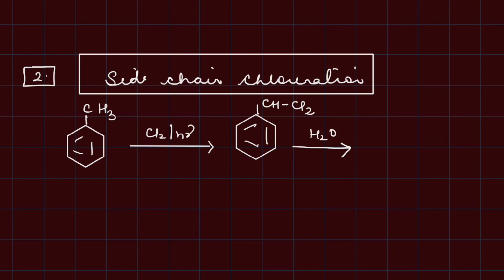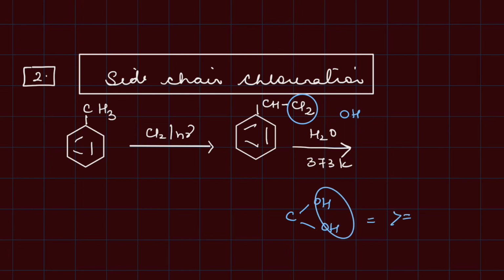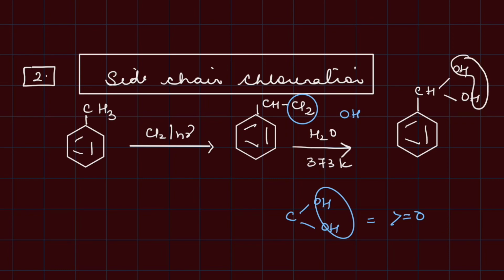When we perform hydrolysis, both these chlorines get replaced by OH, and when on the same carbon we have 2 OH, as I have already said, water comes out and we get C double bond O. Exactly the same thing happens here, and the 2 OHs remove water to give you double bond O, that is aldehyde.